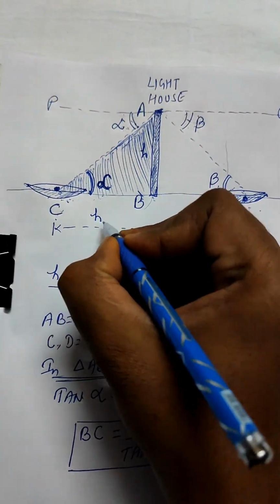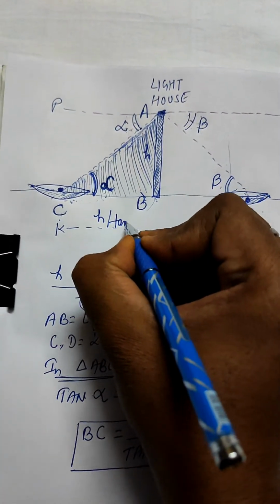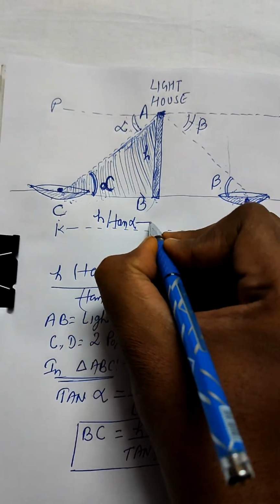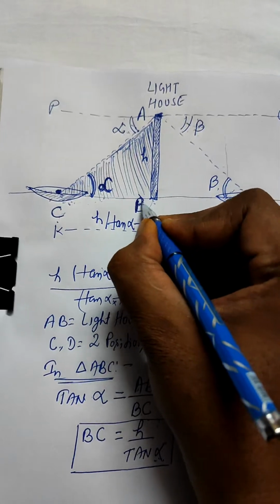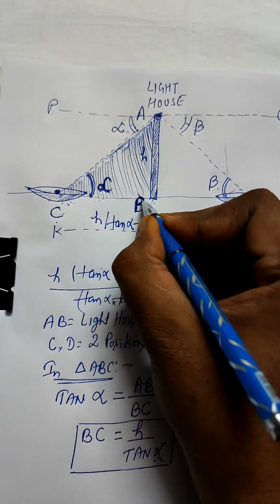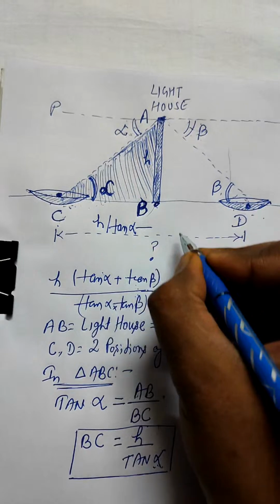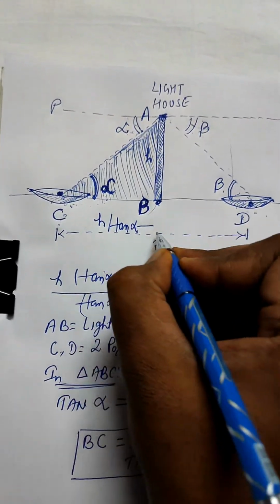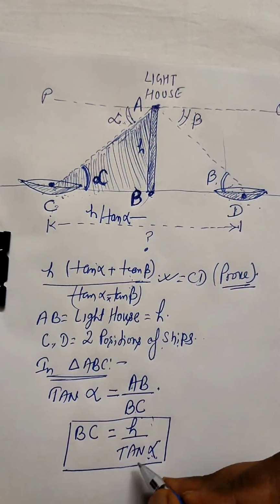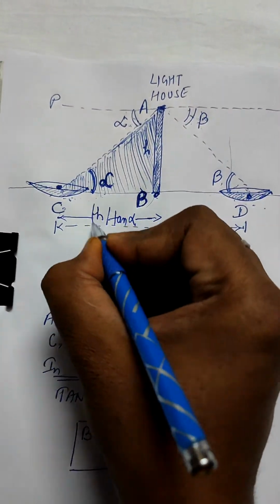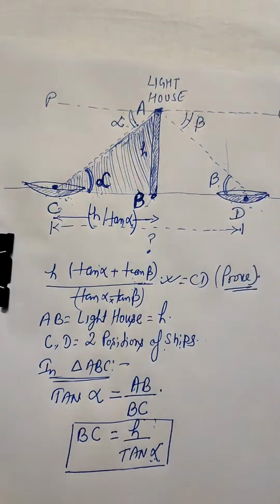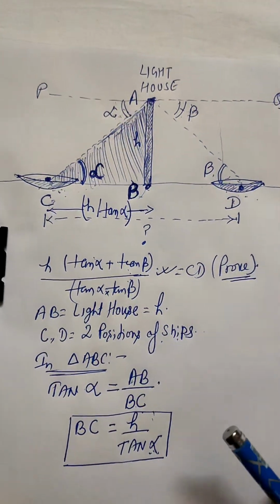This is point B, the base of the tower. And from B to C, H by tan alpha, we have calculated it.